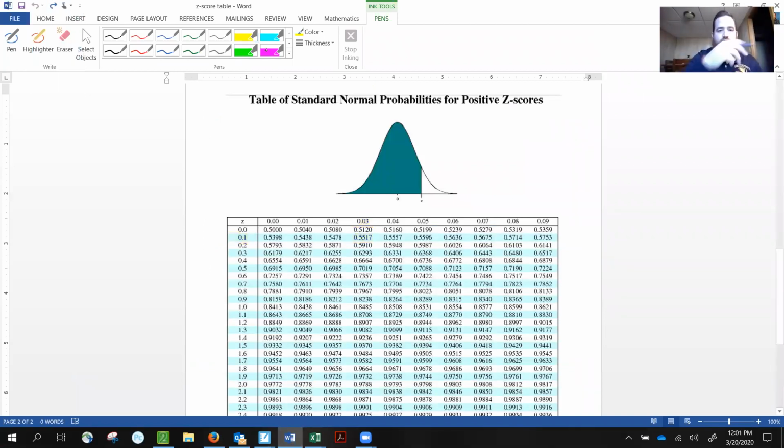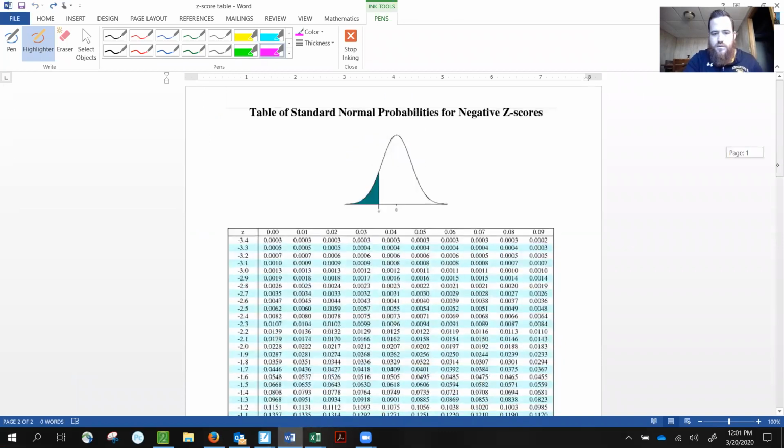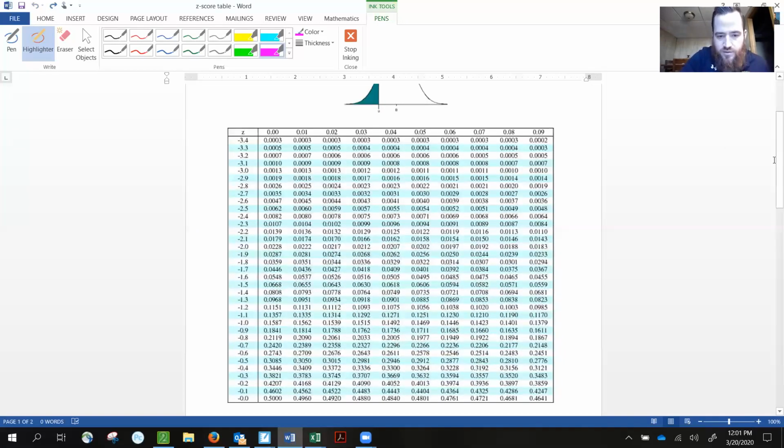So 0.25, it's probably going to be in the negative area. So we need to find 0.24. Okay, we want to get a little bigger than that. 0.2578, smaller, smaller, smaller. Okay.